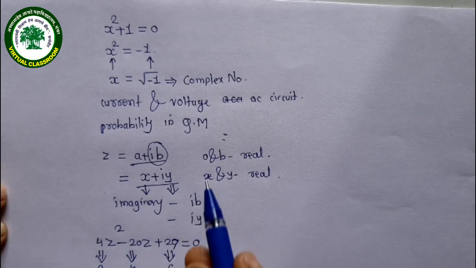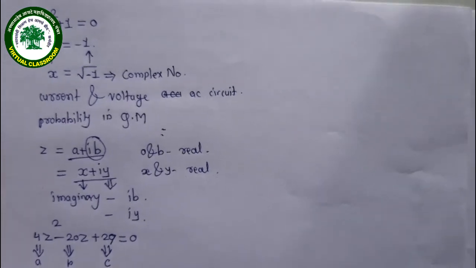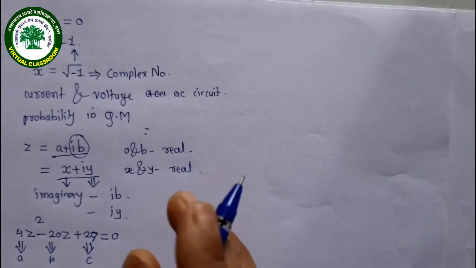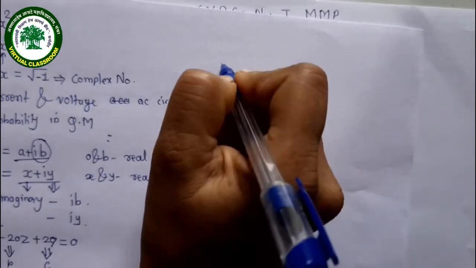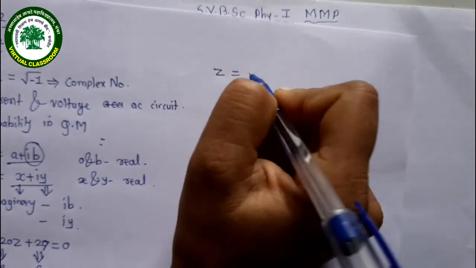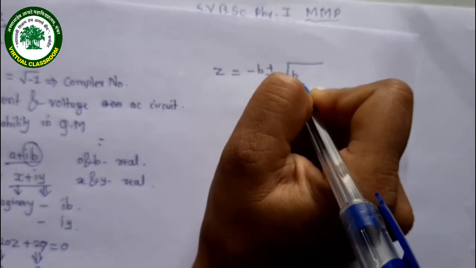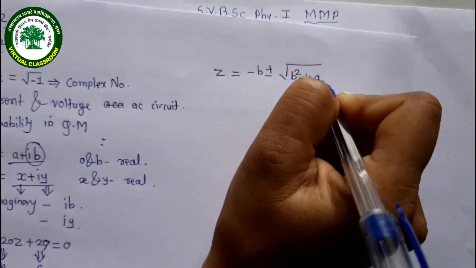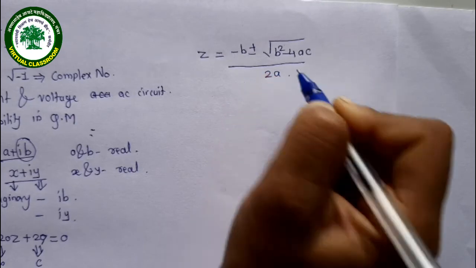In order to get the solution of this equation, we have the standard formula: z is equal to minus b plus minus square root of b square minus 4ac upon 2a.